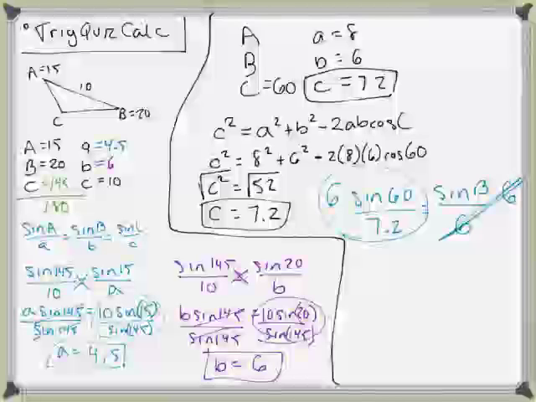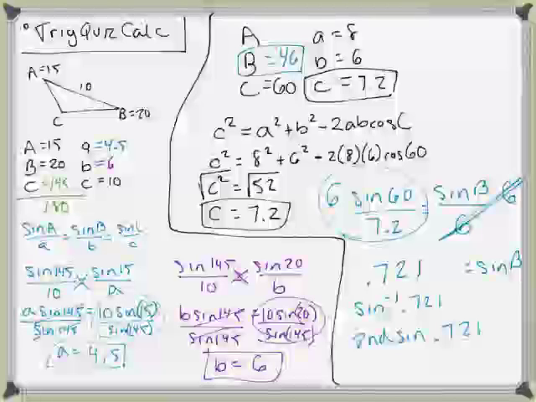It gives me 0.721 blah blah blah, but that is equal to the sine of B. So to undo that sine on the calculator, we need to do inverse sine, or second sine, of that decimal, and that gives us our angle. The way we undo a sine or a cosine or a tangent is with the inverse, which on the calculator is the second button. And that gives us our angle, which is 46.